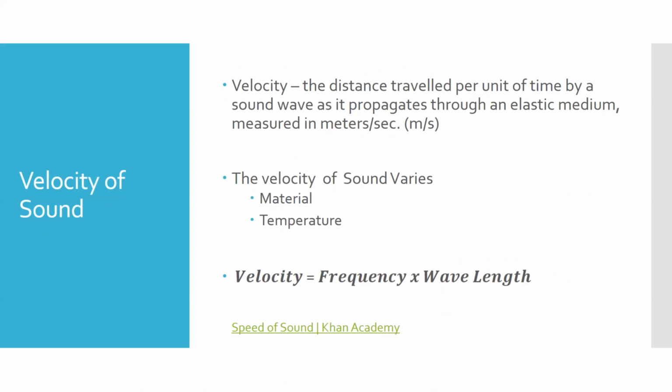But things like temperature can have an effect on sound velocity, and so we have to take that into account. We have to calibrate our equipment for the environmental conditions that we are experiencing at the time of our test. And so velocity is given by frequency times wavelength. Okay? But what do we know about frequency and wavelength?